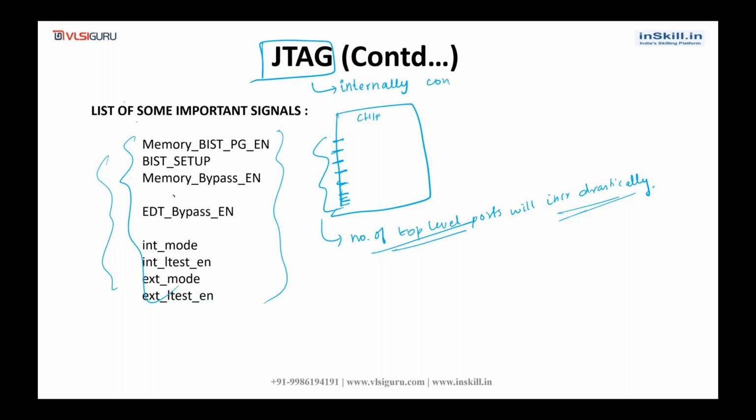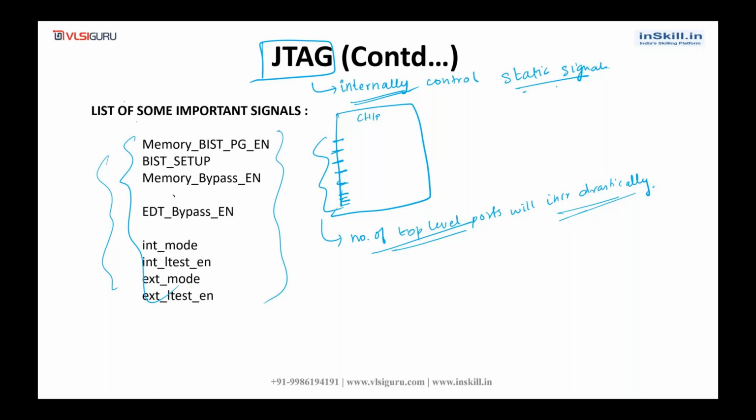Static signals are the signals that maintain the same value throughout the run. So with the help of JTAG, we will internally control the static signals.